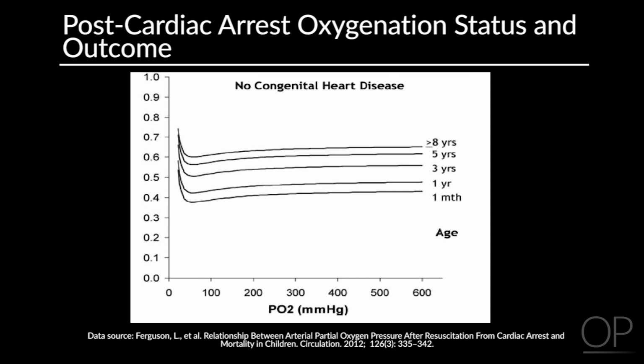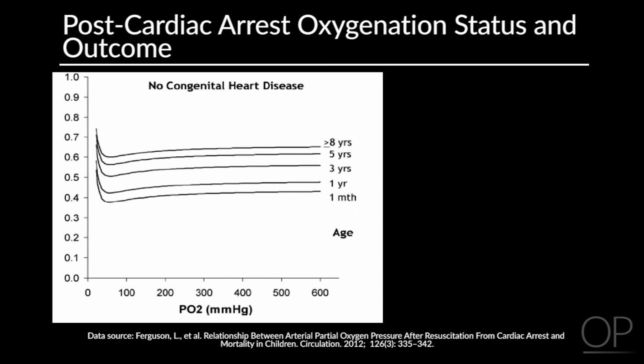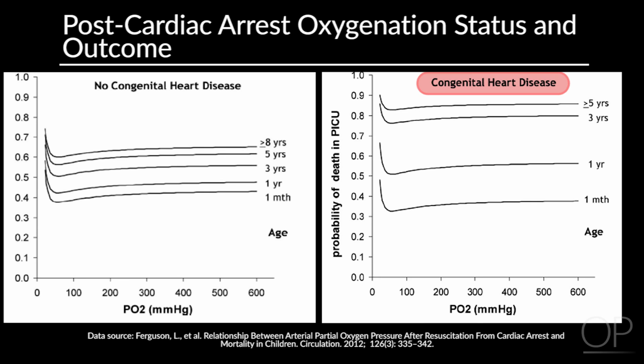Interestingly though, and maybe not all that surprising, hypoxia is much worse when it comes to being an association with death in children after cardiac arrest than hyperoxia. And when they broke patients out into the two groups of either with or without congenital heart disease, the association was consistent in both groups.